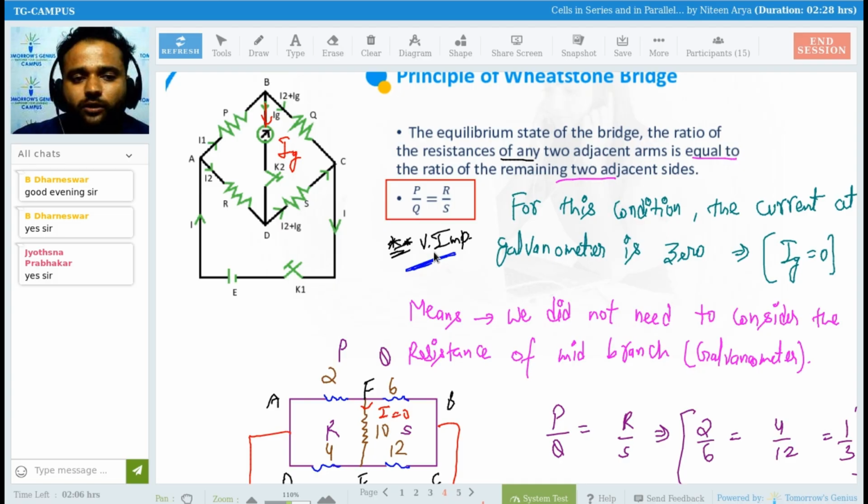The condition P by Q equals R by S is automatically fulfilled when IG is 0. It is a good question: if it is not 0, then this condition is not going to be fulfilled. As simple as that. Clear, everyone? Because we are going to use KVL, Kirchhoff's voltage law, and in that law we are going to use this condition. If IG is 0, only then is this condition going to be fulfilled.